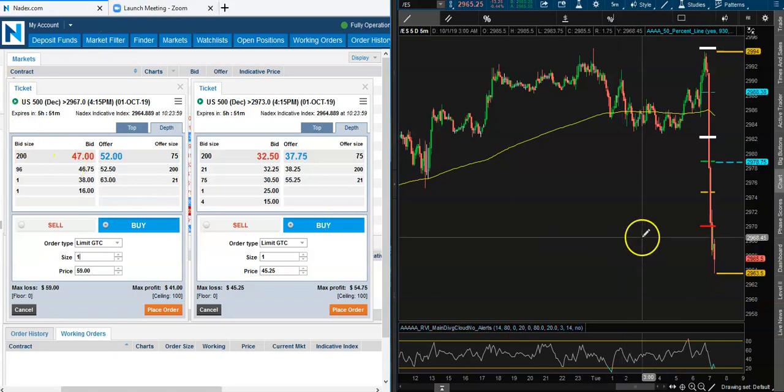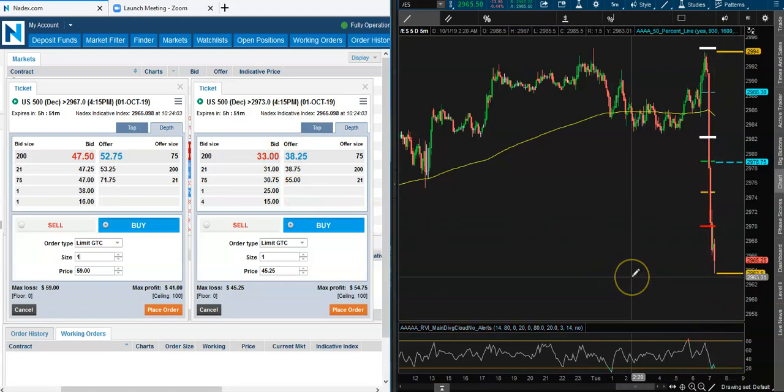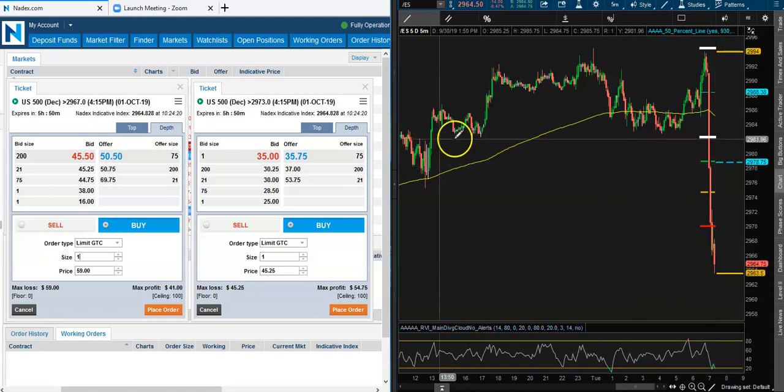So right now, let's just say we're bullish at this level down here. We think this is a support level around the 64 level, and we want to get long the binaries. Well, we can either look at the 2967 or the 73.